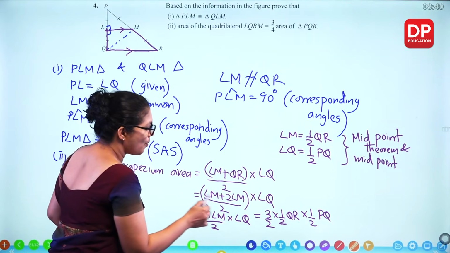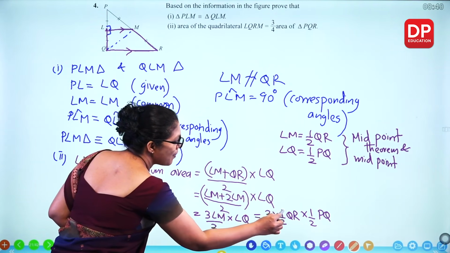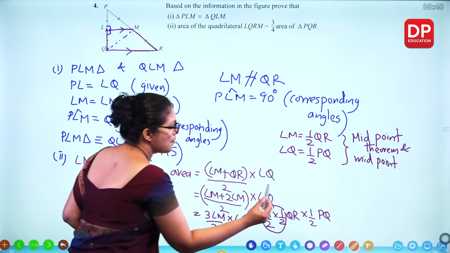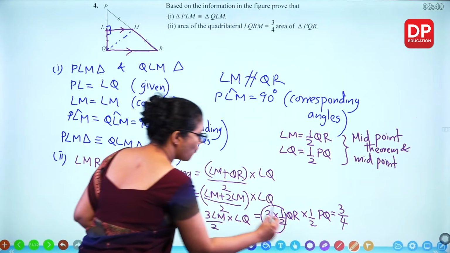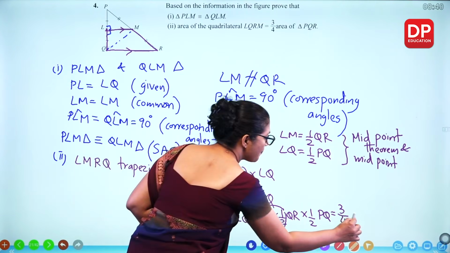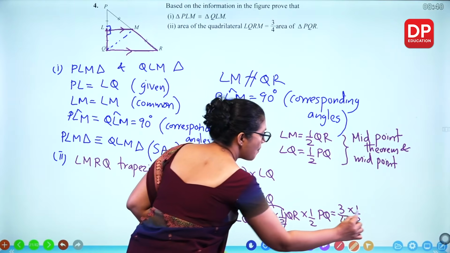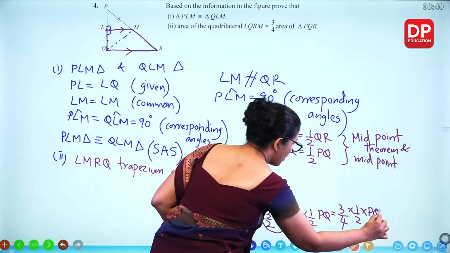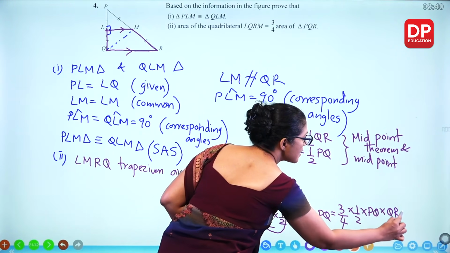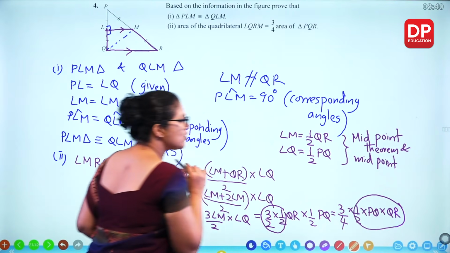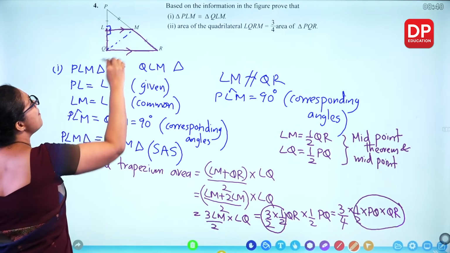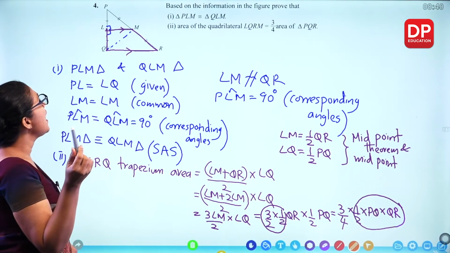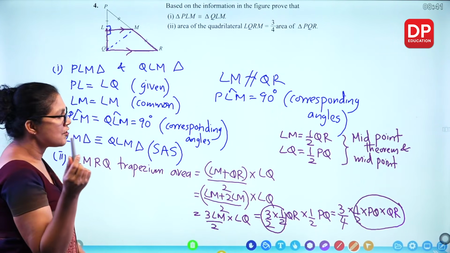Now, when I take this one separately, this becomes 3 over 4, 2 times 2, 4, and you get half PQ into QR. What's that? Half into PQ into QR. PQ into QR, these are perpendicular. So that's the area of PQR triangle.